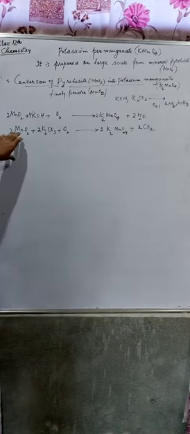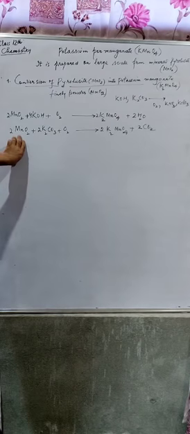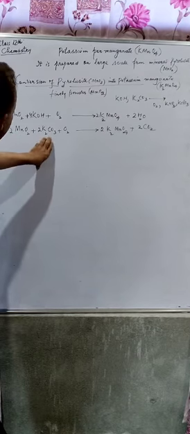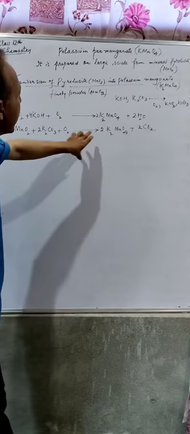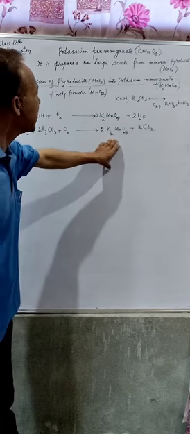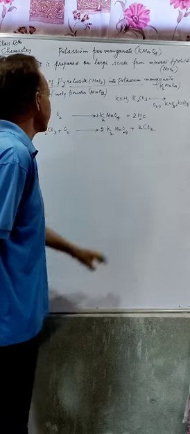Now, when manganese dioxide is treated with potassium carbonate in presence of air, it forms potassium manganate and carbon dioxide is evolved.